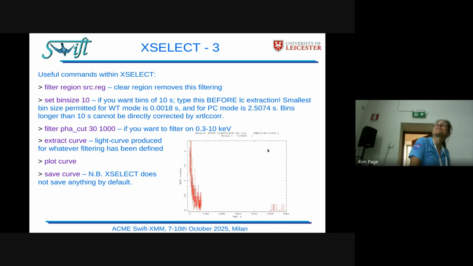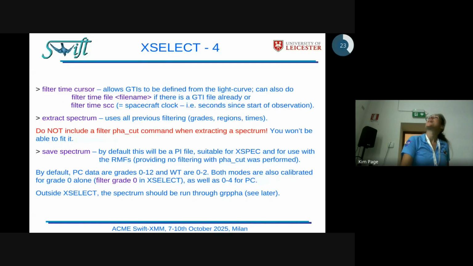It doesn't know the burst time, it just knows this starts at 0. We know that that's actually, I don't know, 60 seconds after the GRB or whatever. It just knows that the XRT observation started then. Sorry, you can also filter on a time file.